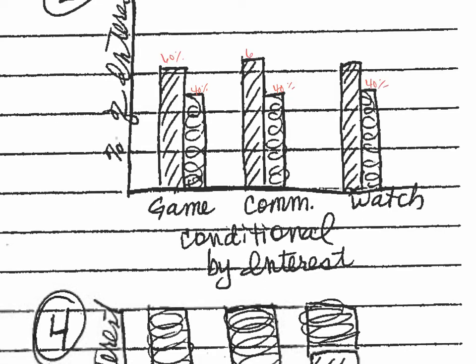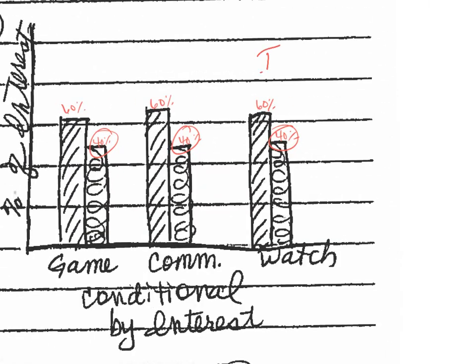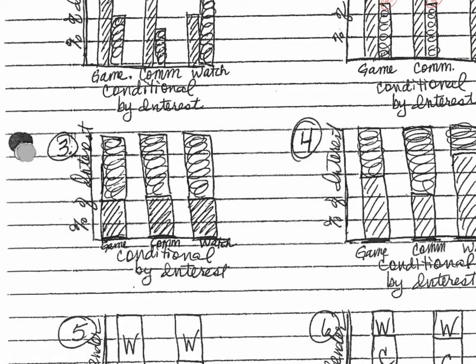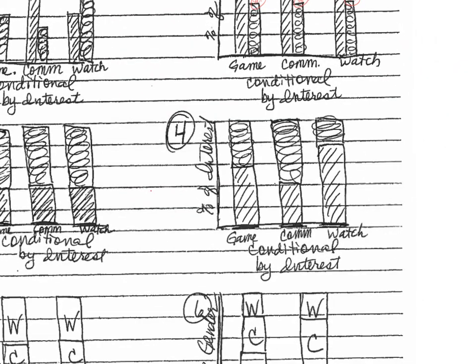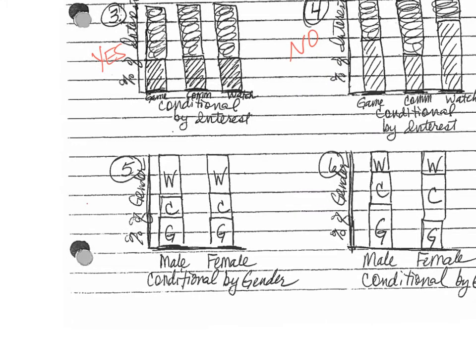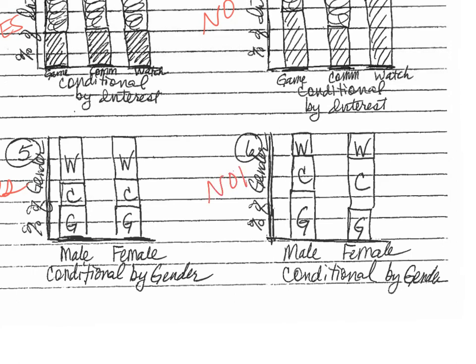So the fact that you are one thing is not changing the rate. So that means independent. Okay? Number three, what do you have to say about that? Yes, it is independent. Number four? Independent or not? It is not independent. Good. Number five? Yes, it is independent. Number six? Not independent. Good.